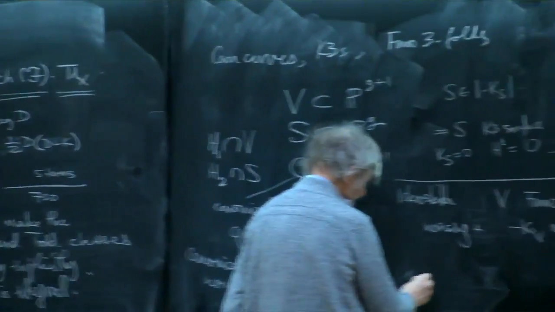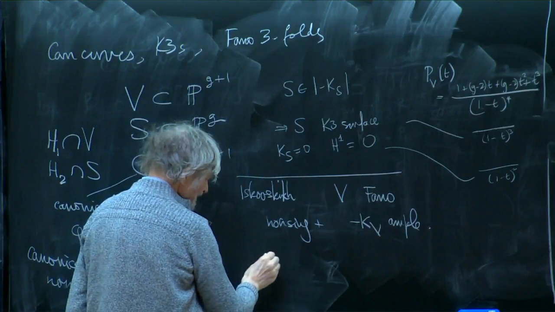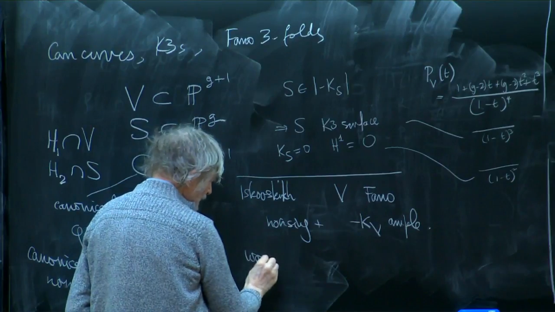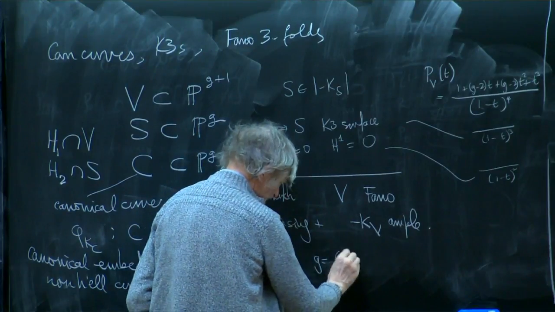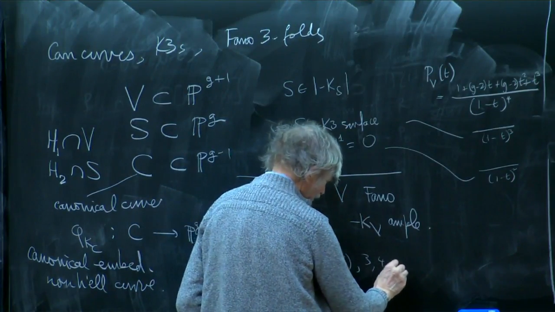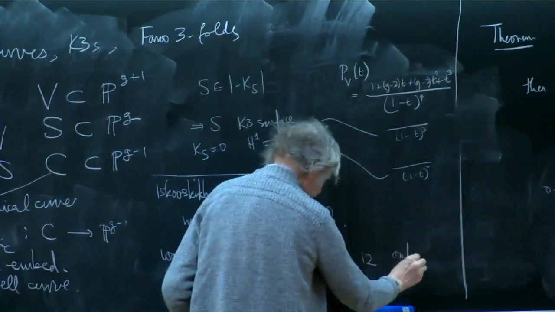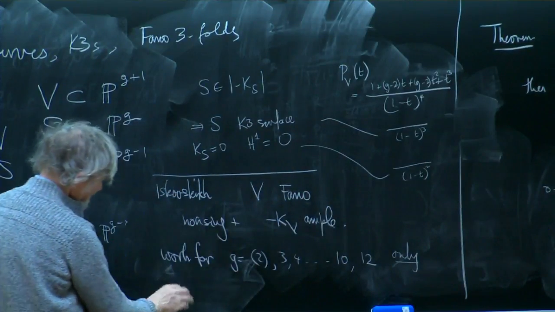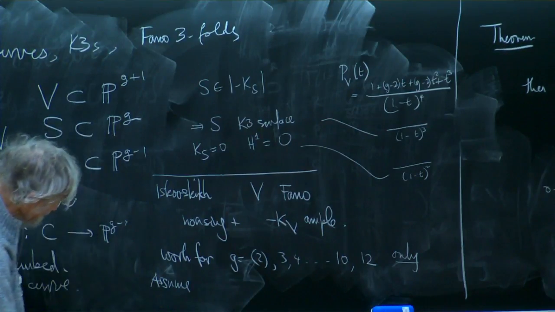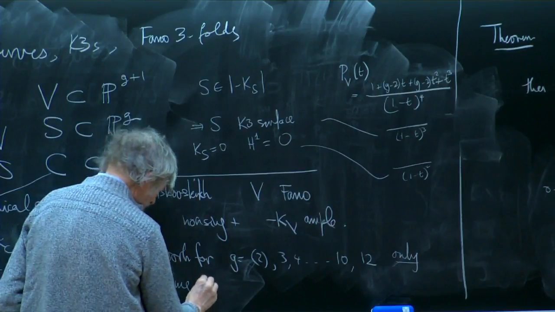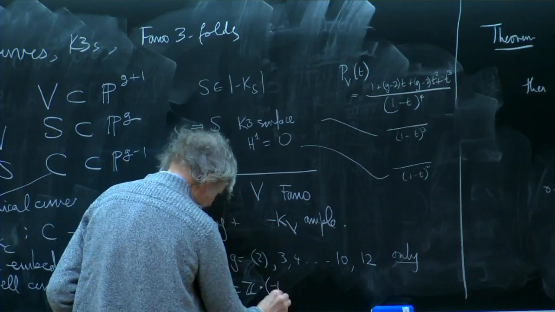For Fano threefolds, it's known that these embedded ones work for genus 2, which is a little bit special but it's there anyway, 3, 4, up to 10, and 12 only, assuming Pic of V is Z times the anticanonical.